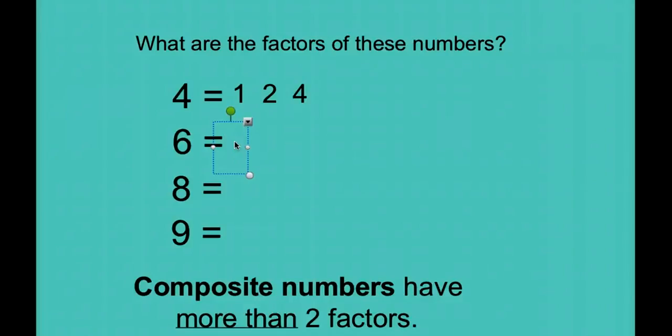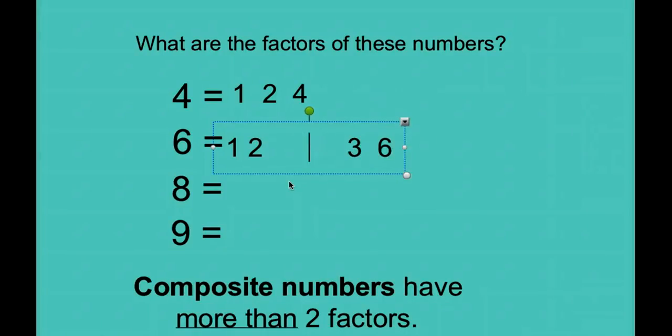The next one I do the same thing. So I start with 1, give myself some space, and I have 6. Try number 2. So 1 and 6, and then I have 2 times 3 gives me 6. Right?